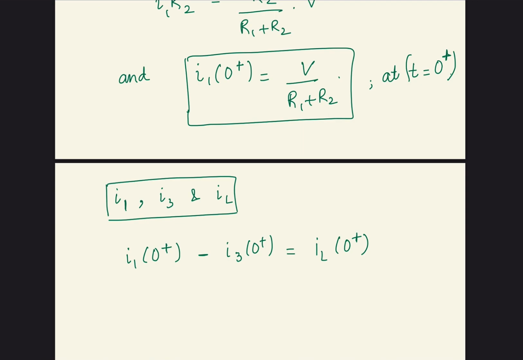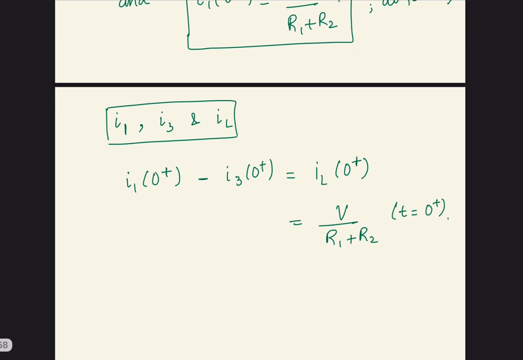And this value is V divided by R1 plus R2 at t equal to 0 plus.